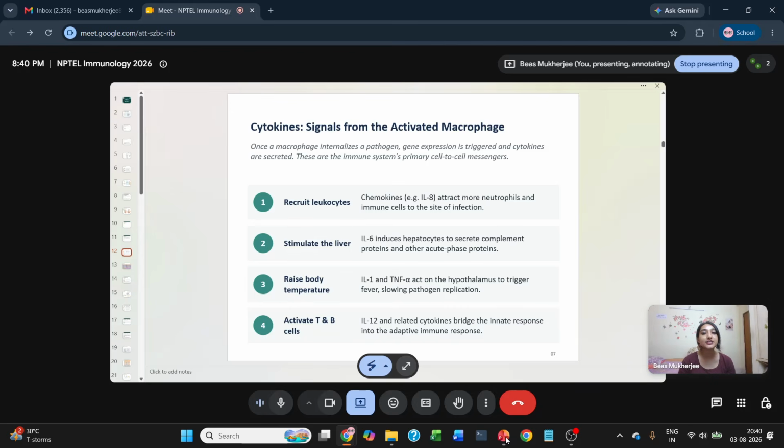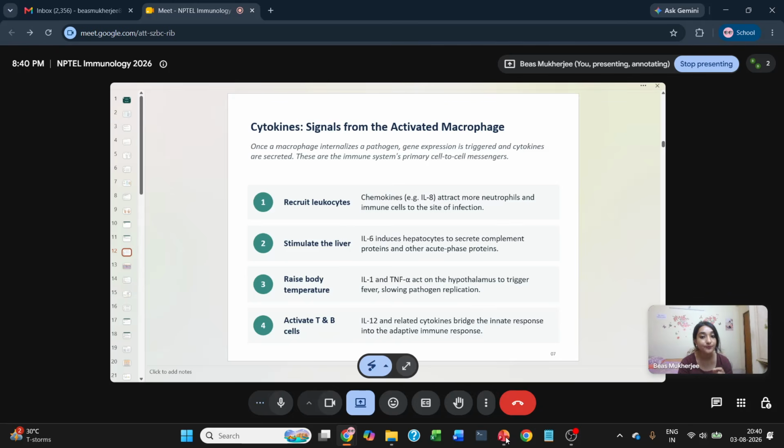So signals from an activated macrophage. Once a macrophage internalizes a pathogen, gene expression is triggered and cytokines are released. These are the immune system's primary cell to cell messenger. Okay. Now, chemokines such as interleukin 8 attract more neutrophils and immune cells to the site of infection.